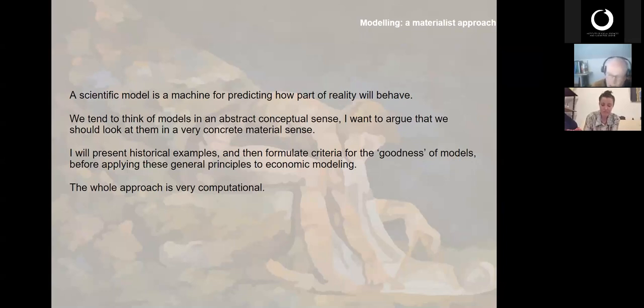Now, we're obviously used to the idea of a model car or a model ship that a child might play with. And that is seen normally as something quite different from models in a scientific sense. And I'm going to say that no, that isn't. There is actually a continuum between those and scientific models.